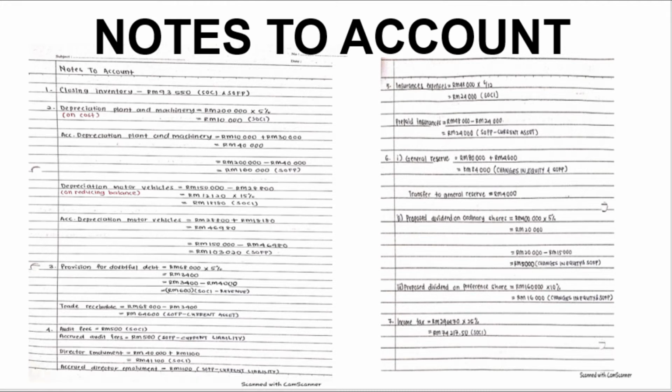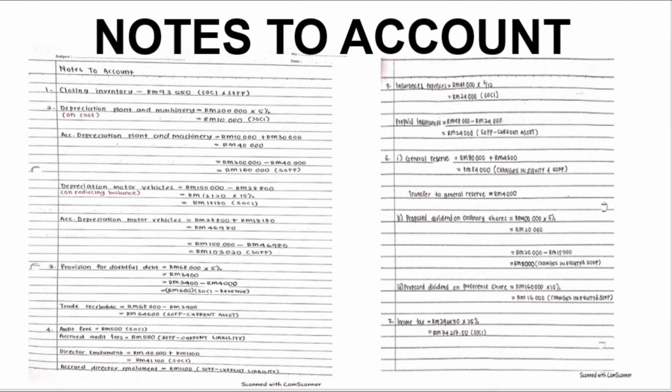And trade receivables 68,000 minus 3,400 gives us 64,600, which is put in the statement of financial position under current assets.